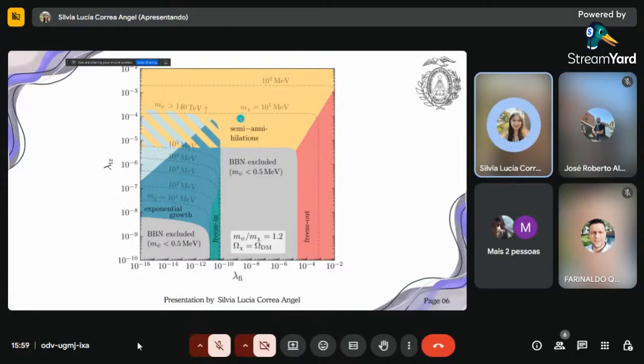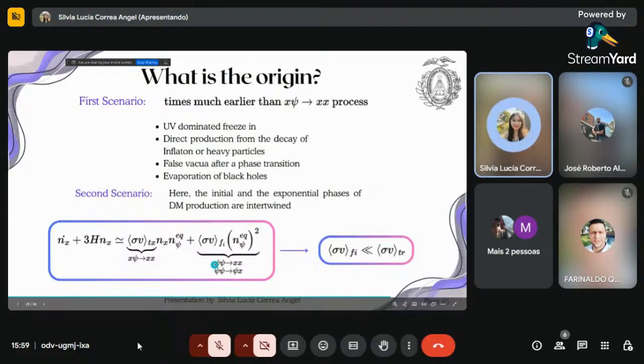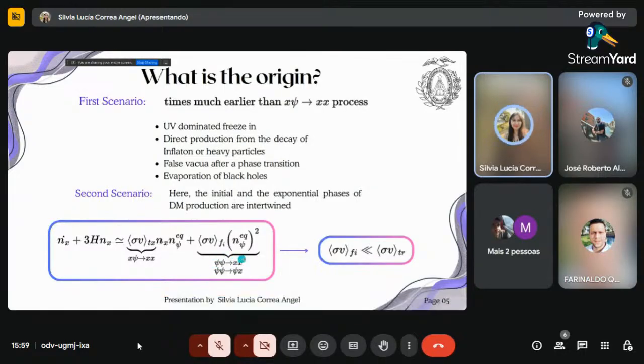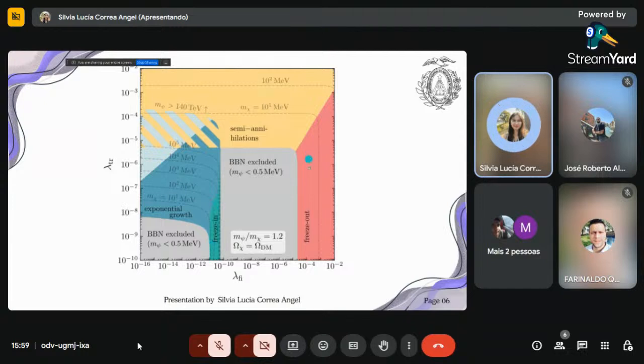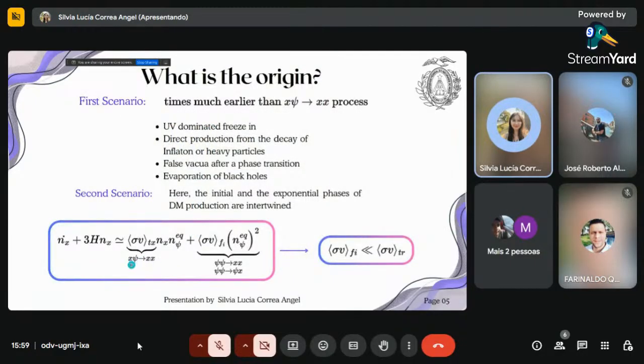It is important to say that in the green one and the red one, they are using this interaction here, because you cannot show all the interactions in one plot. So they are using this one, psi producing dark matter, for the green and the red ones. And for the yellow and the blue, they are using this scenario, where they are producing the dark matter in this trace one.